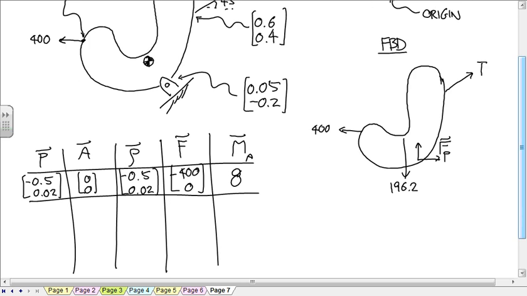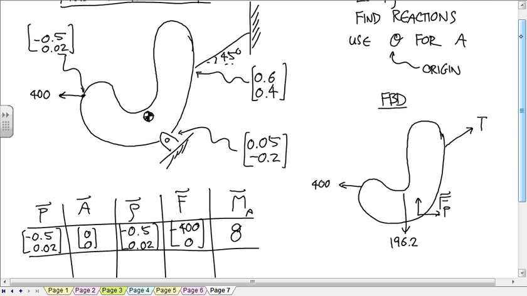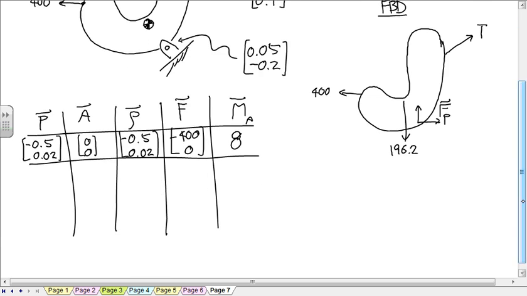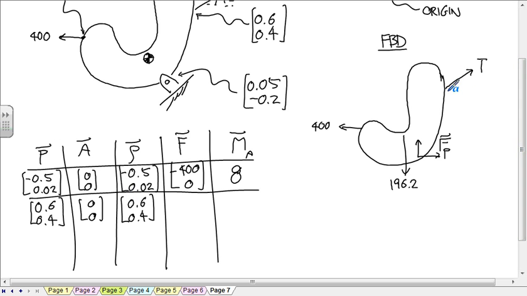And now go to the tension force. The tension force is acting at 0.6, 0.4. About point is 0. So the row vector is 0.6, 0.4. The force vector, the relevant angle here is 45 degrees.